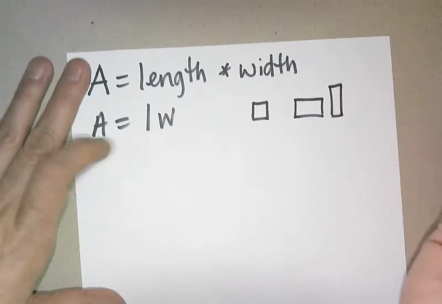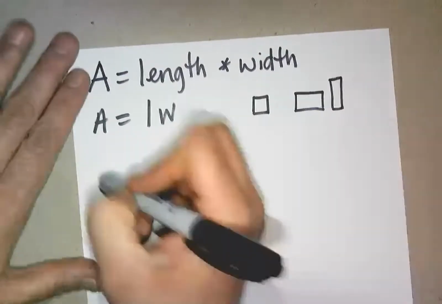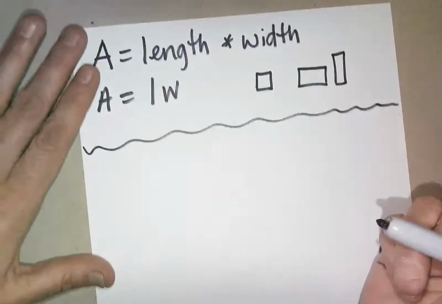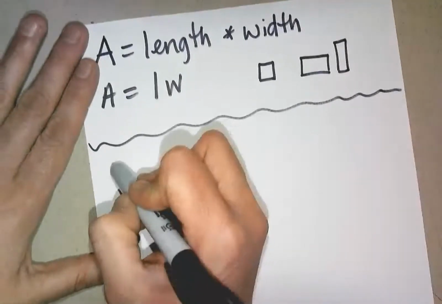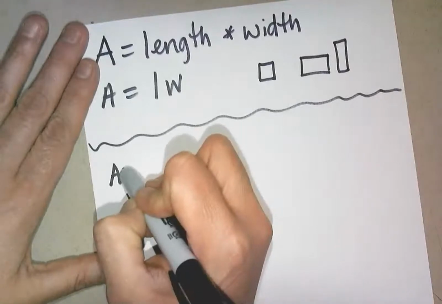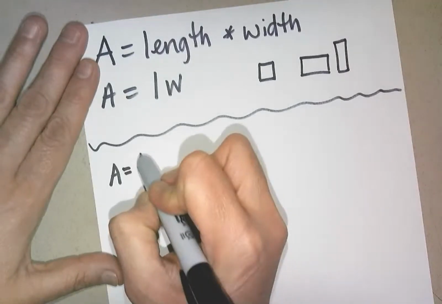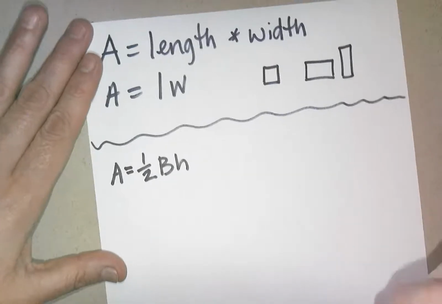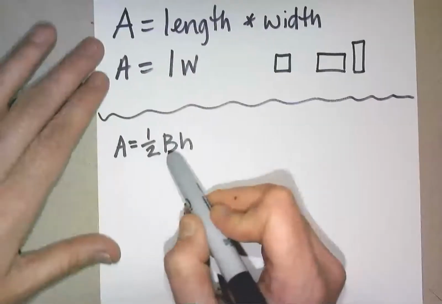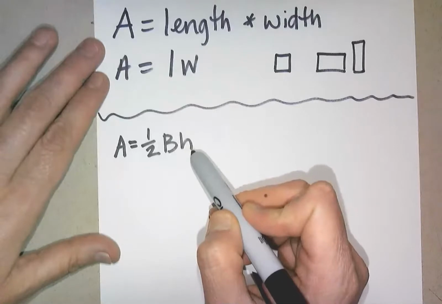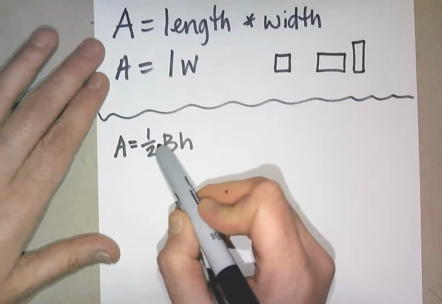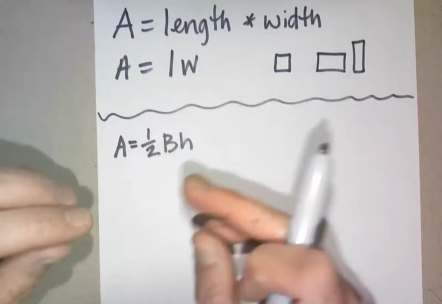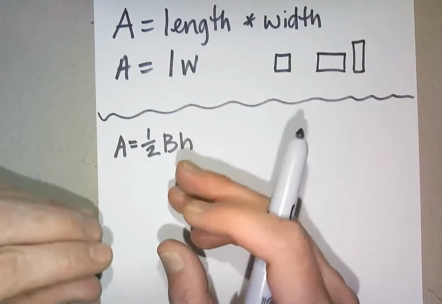Okay. And then our other formula that we worked with last week was the area of a triangle. That one is area equals 1/2 base times height, and this is multiplication. So it's like saying 1/2 times base times height. When you're multiplying, it doesn't matter which numbers you multiply first.